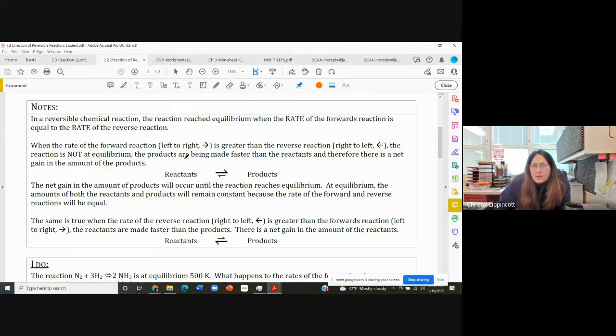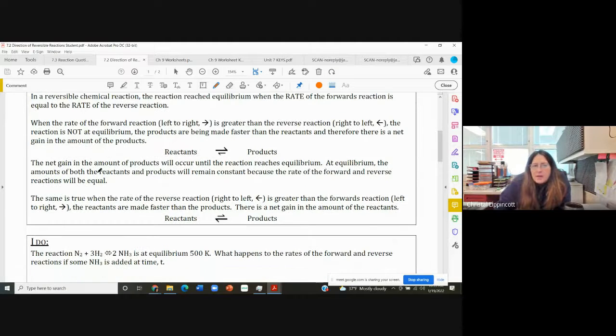The products are being made faster than the reactants, and therefore the products are gaining. The net gain in the amount of products will occur until the reaction reaches equilibrium. At equilibrium, the amounts of both the reactants and the products will remain constant, but they're not necessarily equal.